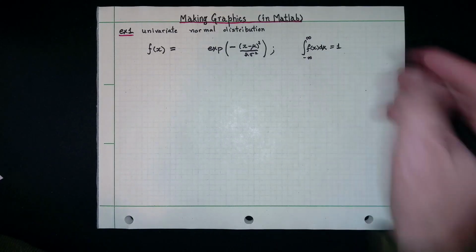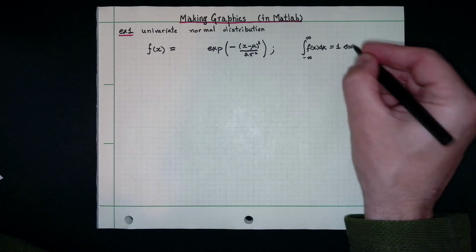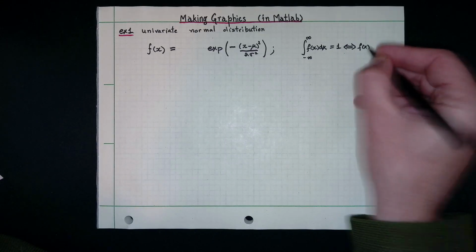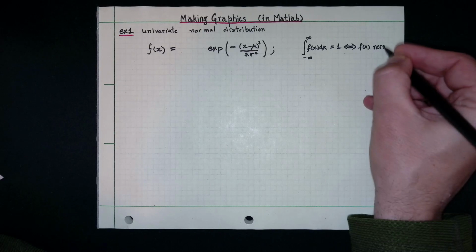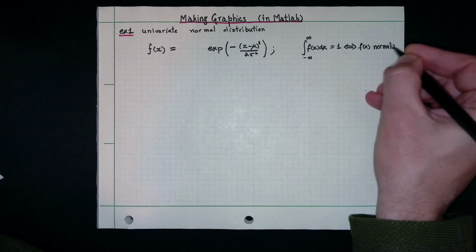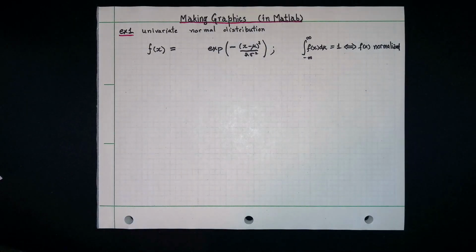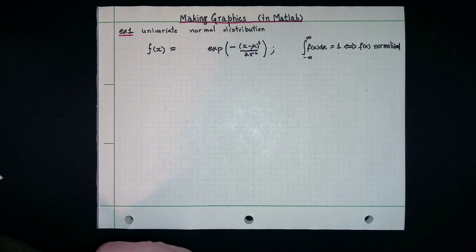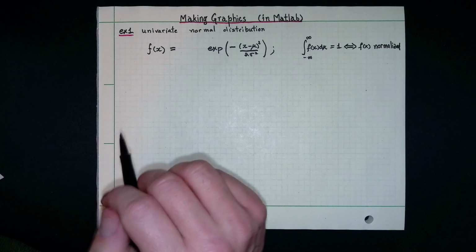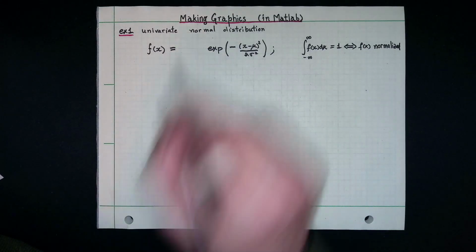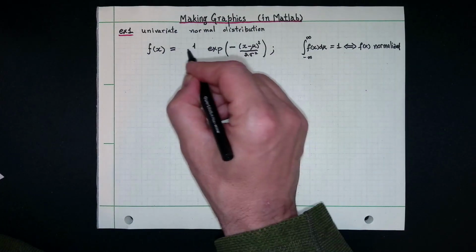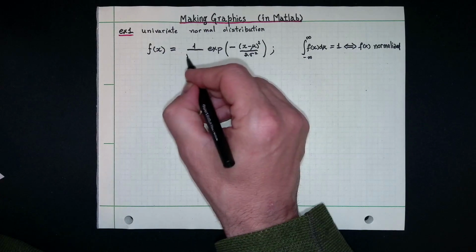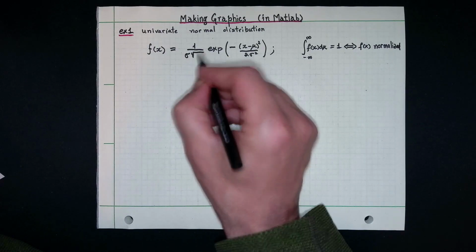And if this is true, then this means that f of x is normalized. So for this to be true, there has to be a scaling factor out front to make sure the integral is equal to 1. And the particular scaling factor that's needed for this function is 1 over sigma times the square root of 2 pi.